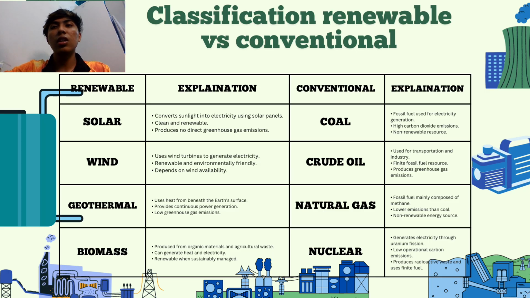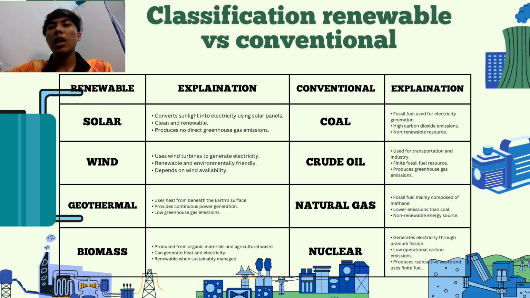Natural gas is another fossil fuel. Although it produces lower emissions than coal, it is still non-renewable and releases methane and carbon dioxide. Finally, nuclear generates electricity through uranium fission.